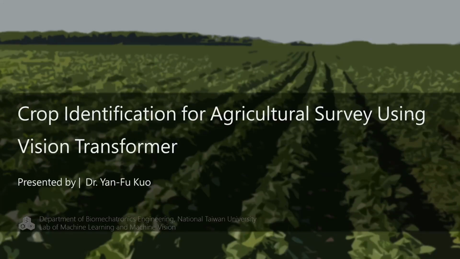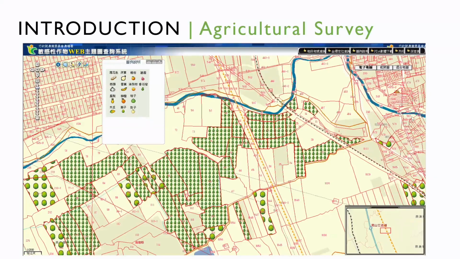And so what is agricultural survey? It's to know what land is for what usage, say what crop you cultured in this land. And we can do it in several ways. Say we use satellite image, use UAV image, but they have the cons of low resolution.